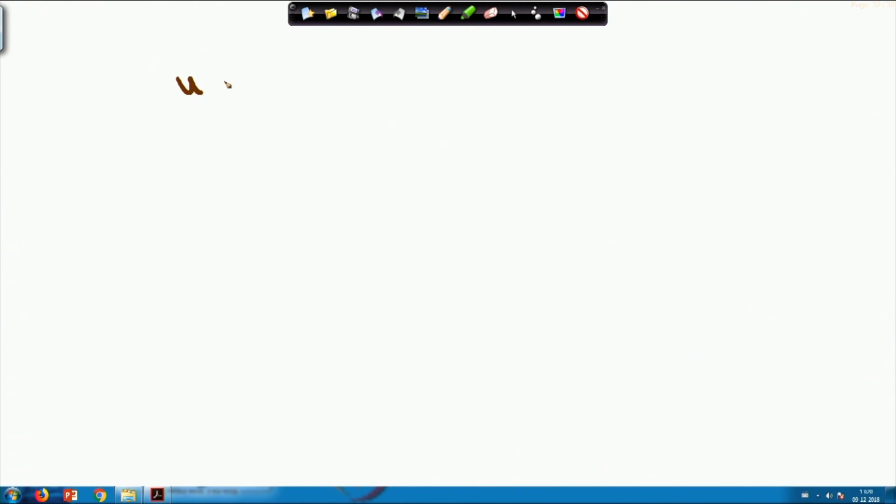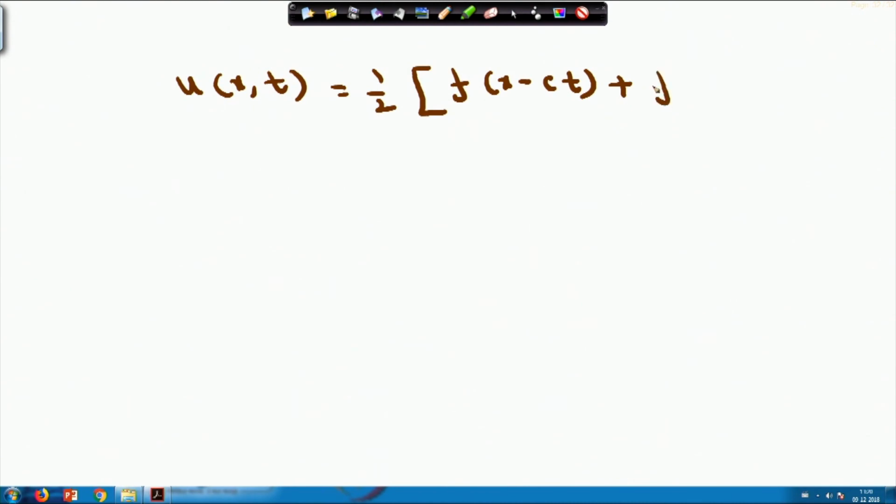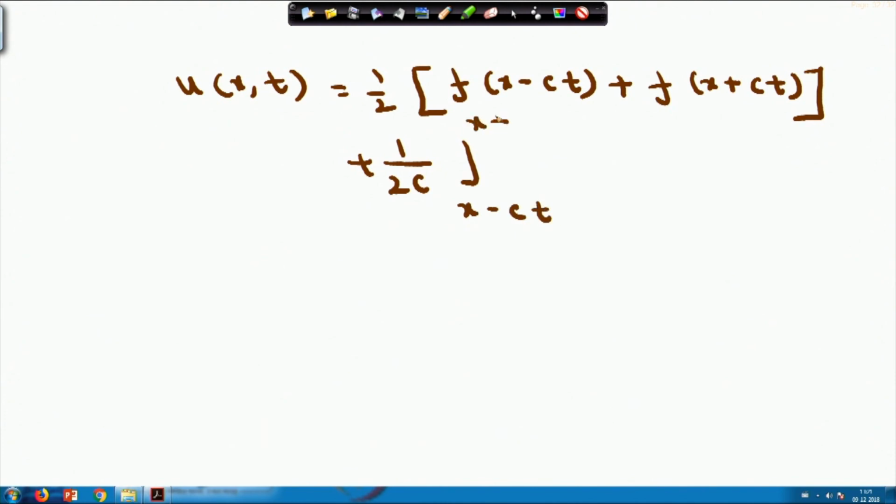So, the ultimate solution u(x,t) will become half into f(x minus ct) plus f(x plus ct), this is one part, plus 1 by 2c into that particular integral, which will be changed to x minus ct to x plus ct, g(u) du.